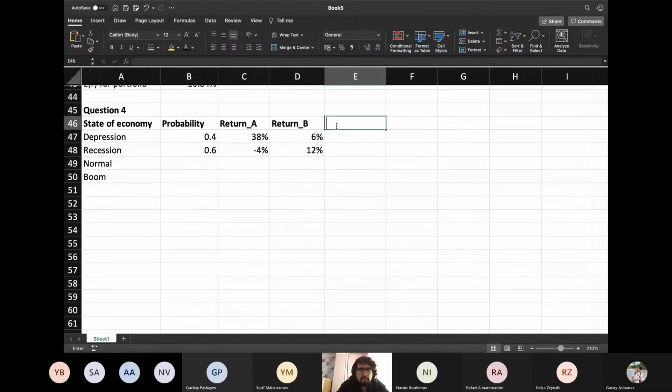Return A, return B, and return C, because we have 3 stocks.